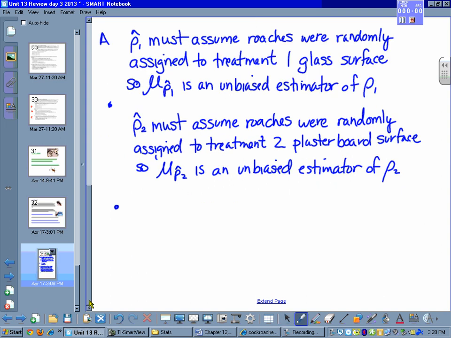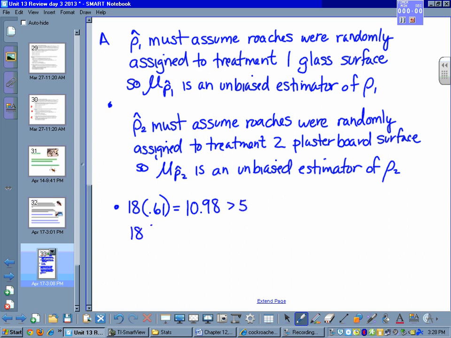My next assumption is to see if we have enough sample size to assume that this binomial distribution is close enough to a normal distribution. So I have 18 cockroaches, and I'm using my p-hat combined. When I multiply, 18 times 0.61 is 10.98, which is greater than 5.